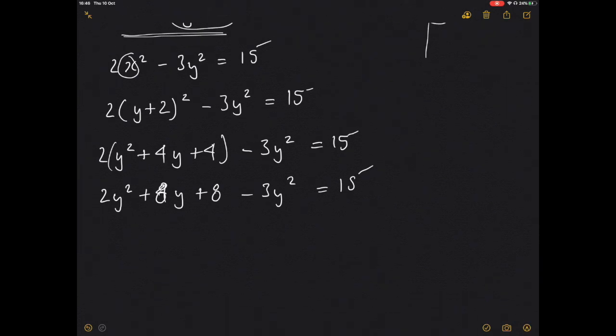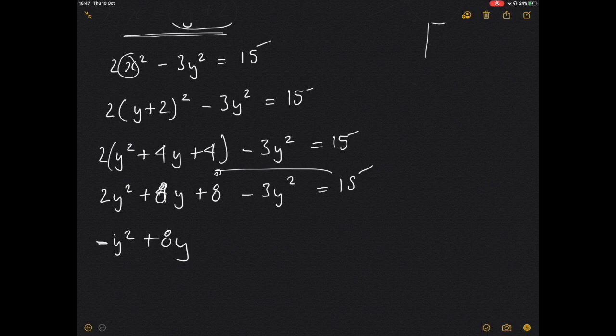So 2 minus 3 is minus y squared, plus 8y. We have a 15 on this side, so we bring it over to this side.